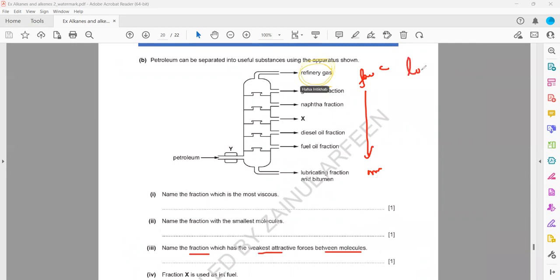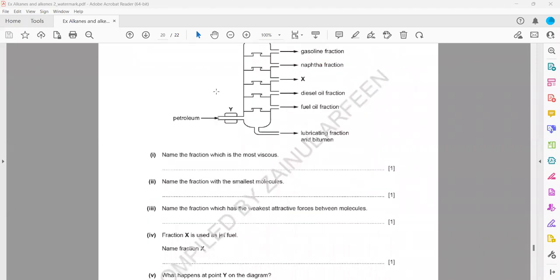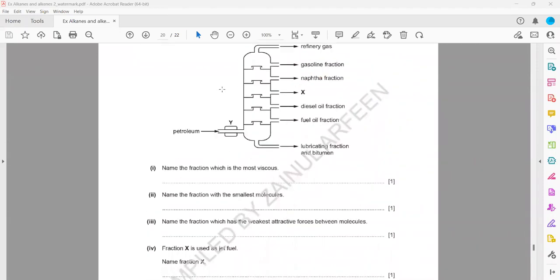Also refinery gas, a low boiling point, because of few carbon atoms. Fraction X is used as a jet fuel. Name X. Kerosene, or paraffin oil. Kerosene or paraffin oil is used for jet fuel.